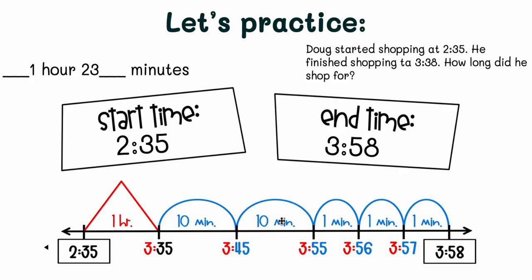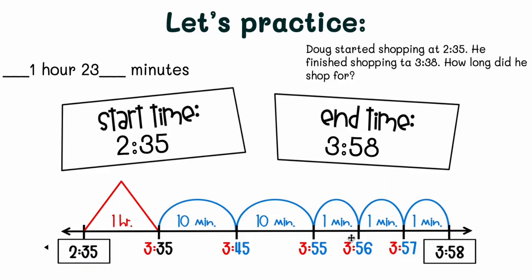Okay, we still need to get to 3:58, so another 10 jump, and we end up at 3:55. We're not done because we have to get to 3:58, so we're adding minute jumps now. So add one more minute, and we land at 3:56, another minute, and we're at 3:57, and we're not done, so we do one more minute, and we land at 3:58.